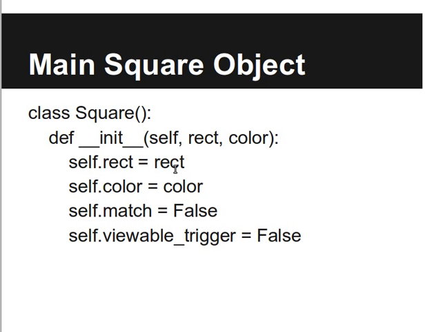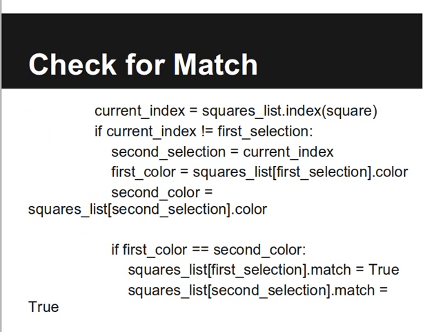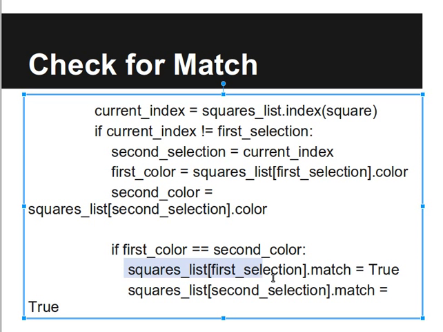The square has the rect, it has the color, the two main ones. So when you're checking it, this is a square, and then the dot match will access that Boolean variable to see if the match is true.